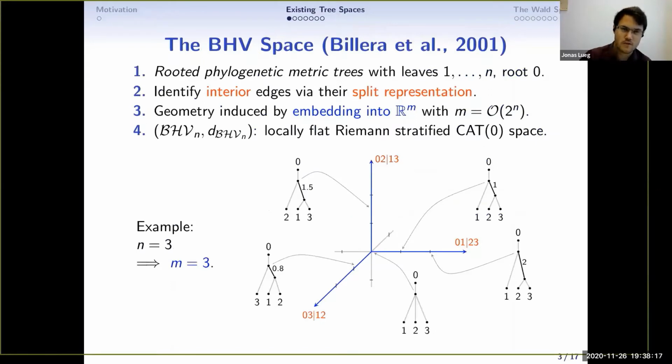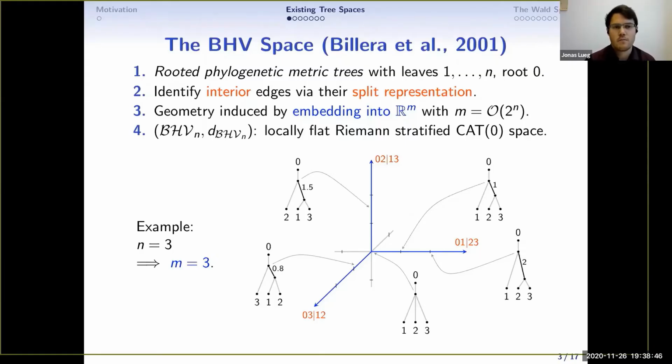Let's talk about existing tree spaces first. So I want to introduce very quickly the BHV space. It was first introduced by Billera, Holmes, and Vogtmann in 2001. And the underlying set is basically the rooted phylogenetic metric trees with leaves 1 to n and root, say, 0. And metric just means that each edge has a positive length assigned to it.